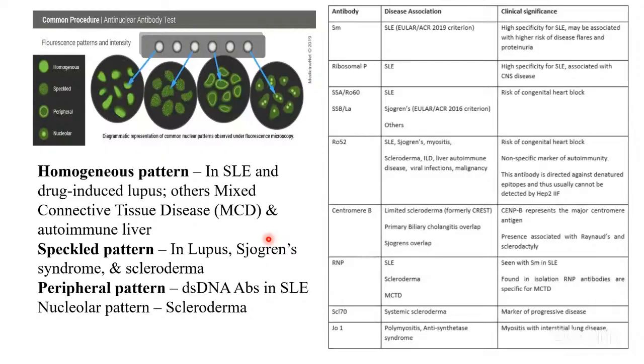IgM is pentameric, so it has a lot of antigen binding sites, and it can attach to an intruder or antigen very fast compared to other immunoglobulins, which have very few antigen binding sites. That's why it is going to be the first immunoglobulin to be detected in acute infections compared to the others.